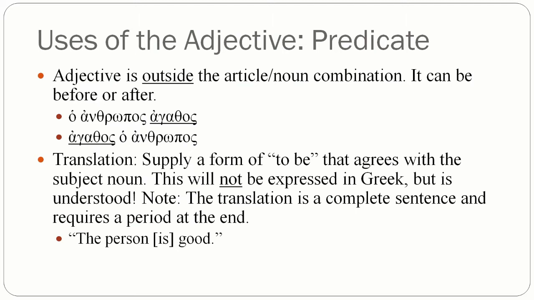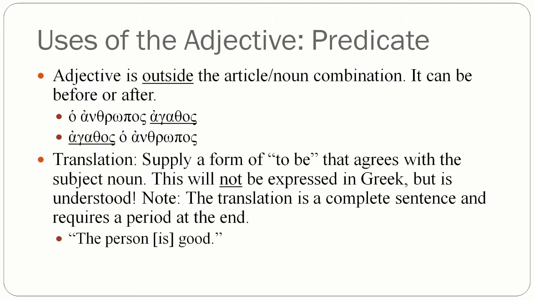All right, if you have a predicate adjective, that to be is understood. What that also means is that you have a subject with the nominative noun. Then that to be means that there's also a verb. Therefore, this is a complete sentence.